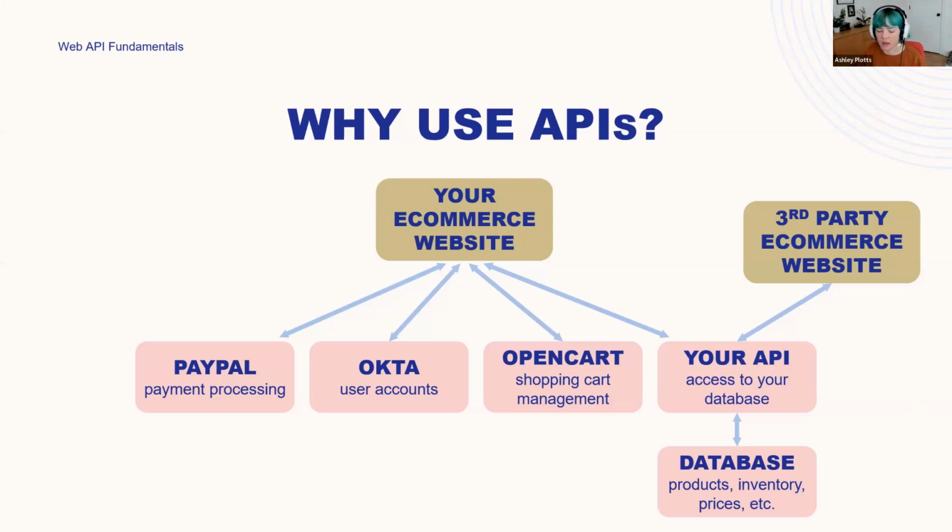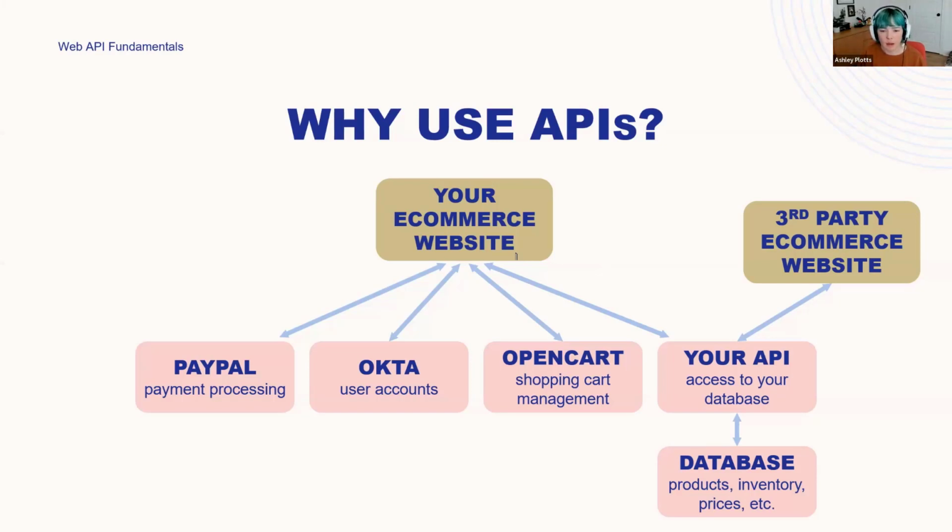If you have that data stored in your database, you could create a private API that would allow your website to access that without having direct access to the database. You could expose that information through different endpoints that your website could reach out to, which Josh will get into a little more detail about, the different types of endpoints and everything, in his demo.